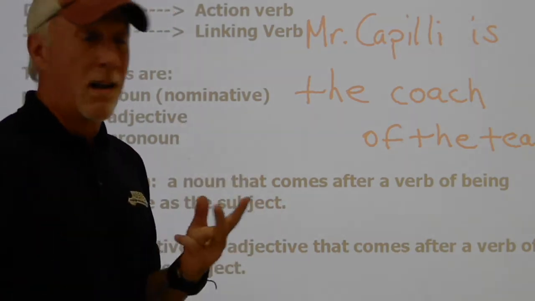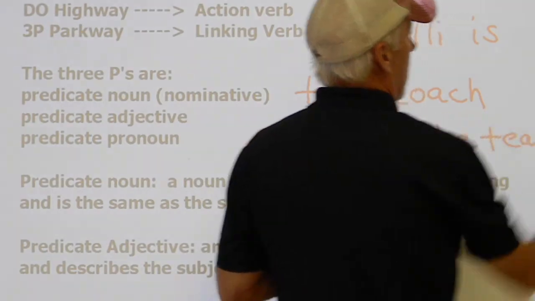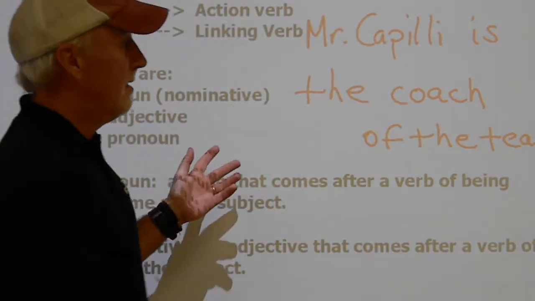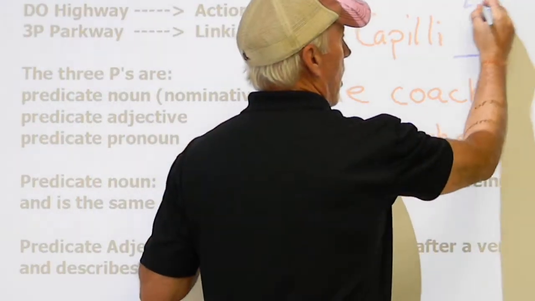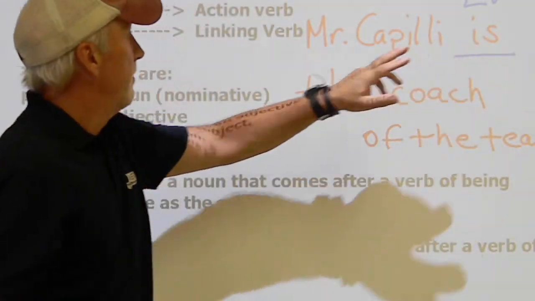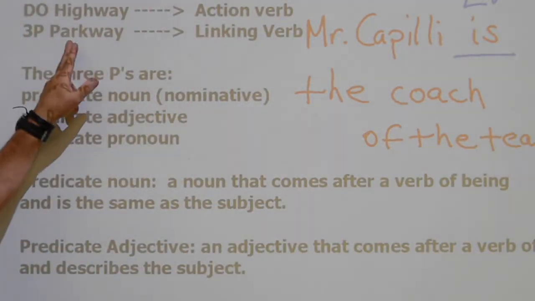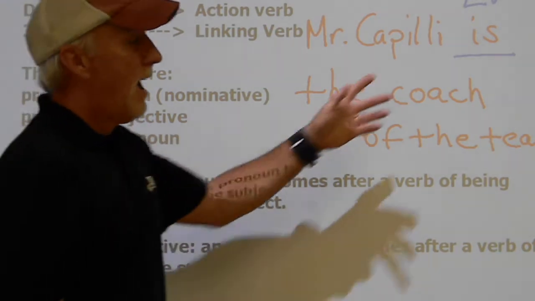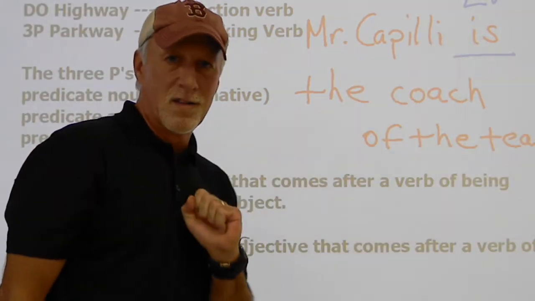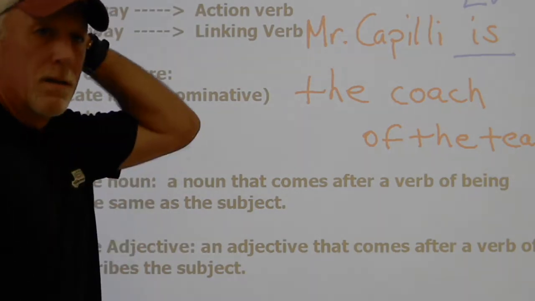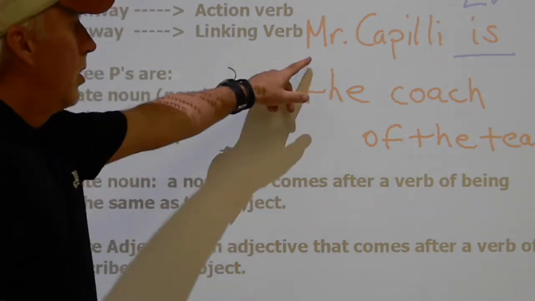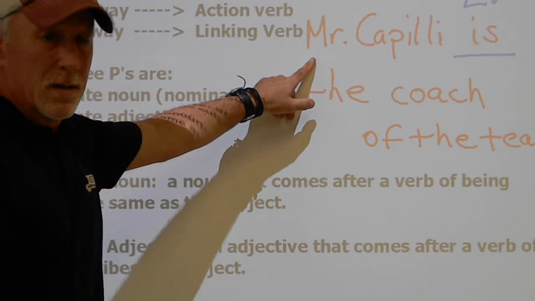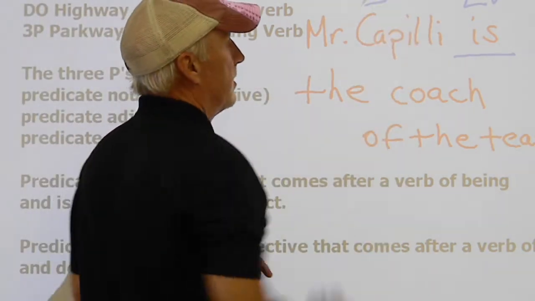Step 2, find and analyze the verb. The verb in this sentence is a linking verb, that means we're on the 3P Parkway. We should have one of the 3 P's. We've got to find the subject. Step 3, find the subject. Who is? Mr. Capilli is.